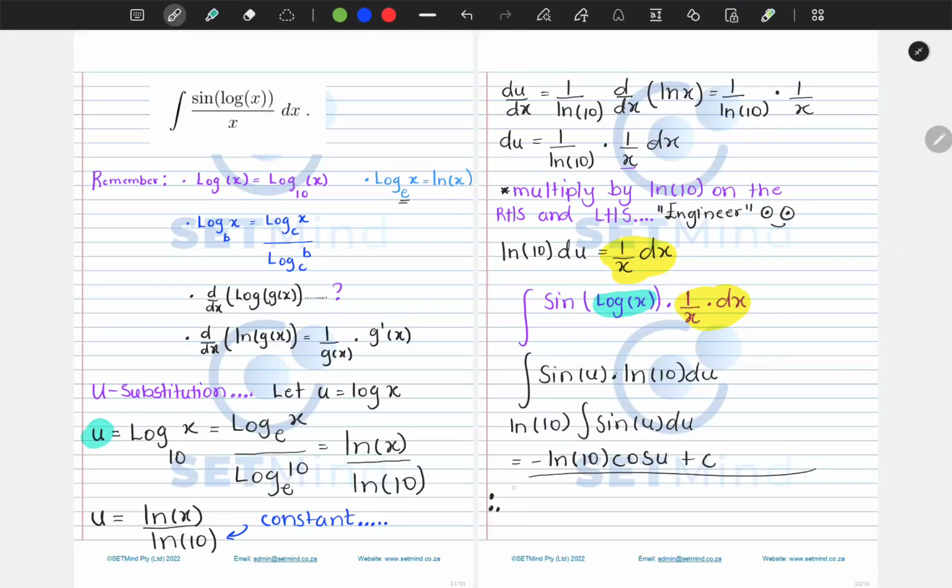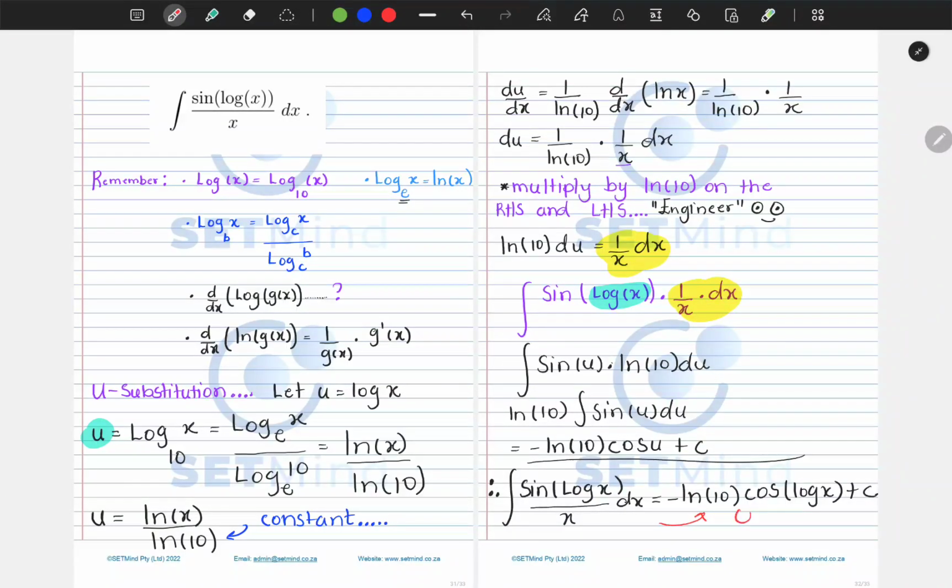So our final answer is that integral there, remember what u is. So that integral sine of log of x divided by x dx is just simply negative ln of 10 and then cos of log x plus a constant, call it c.